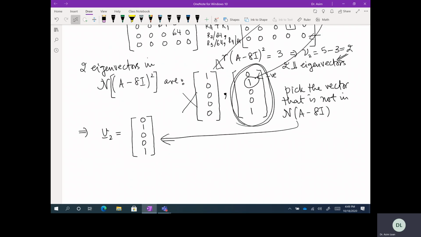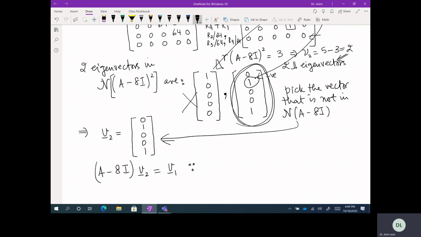If this is true, then we know (A minus 8I) into v2 should be equal to v1. Why?